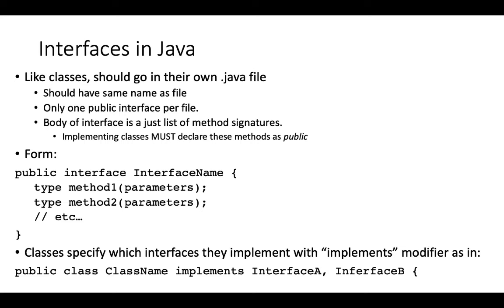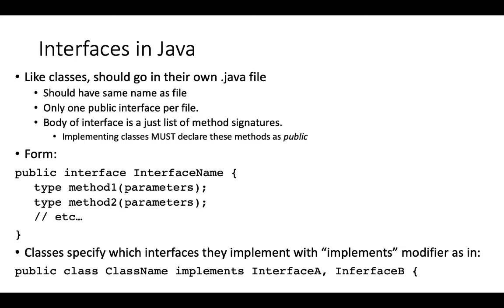Once I have the interface defined, I can take a class which implements that interface, and I can make the connection between the class and the interface by declaring a list of interfaces that that particular class implements. So now we're going to add to our class declaration. Instead of just public class name, we'll say public class, whatever the class name is, and then, if it implements one or more interfaces, the keyword implements, and then a comma-separated list of whatever interfaces this class claims to implement.